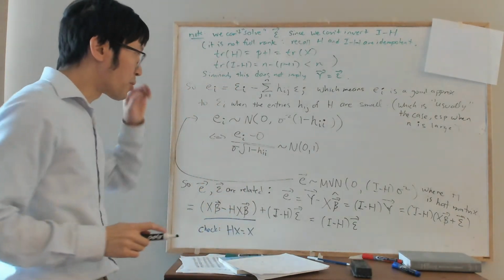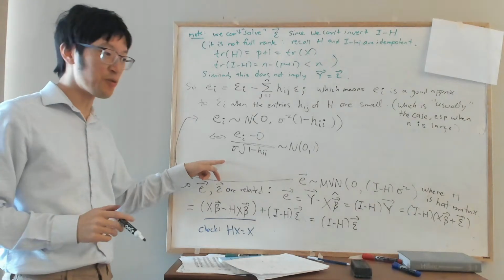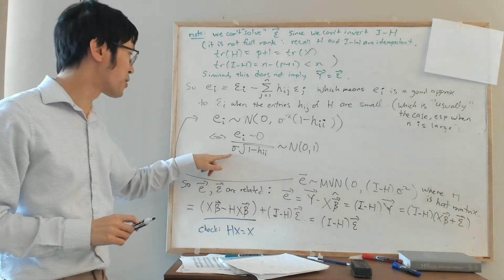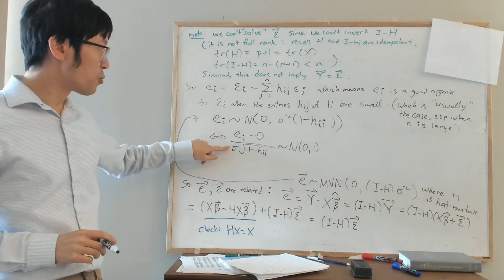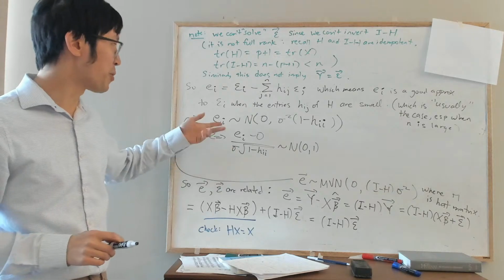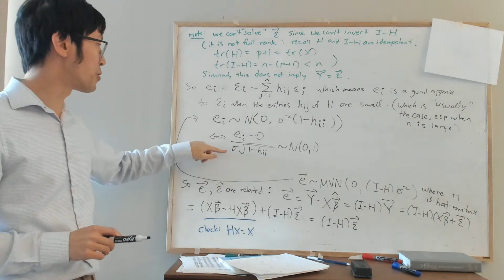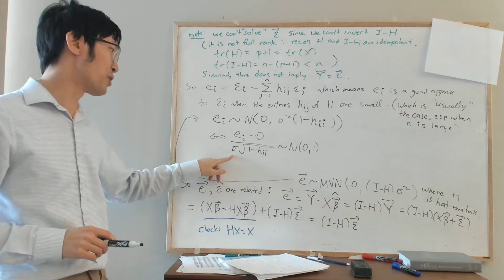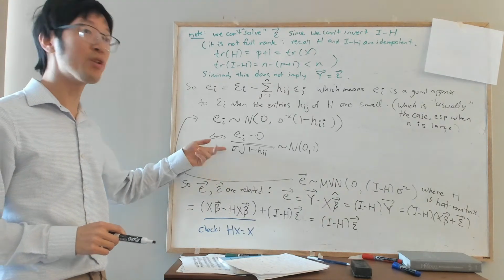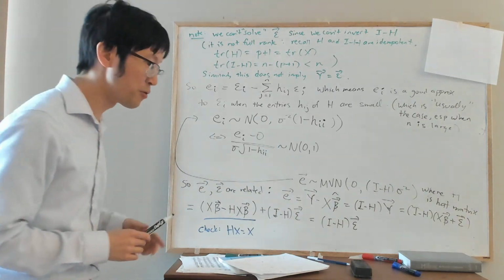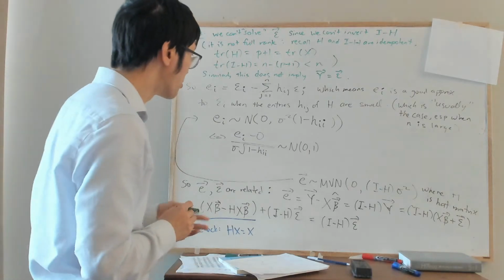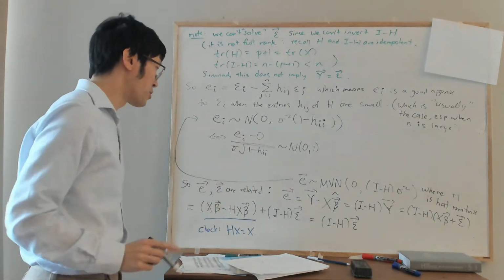This expression looks a little familiar, because when we're doing hypothesis tests on beta, for example, we have this unknown sigma in the bottom, and so what we do is we plug in sigma hat for it. We could imagine doing the same here.